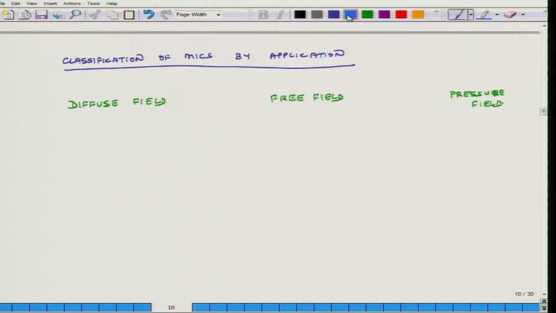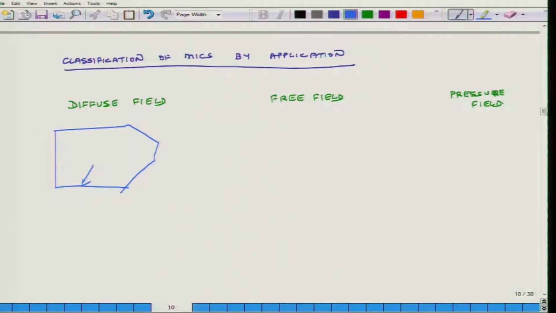So, what is a diffuse field? A diffuse field would be, suppose you have a room, and typically rooms are not just rectangular volumes, they may have some slanted surfaces. So, if I have a sound source here, it comes to this edge, it gets reflected again, it gets reflected.